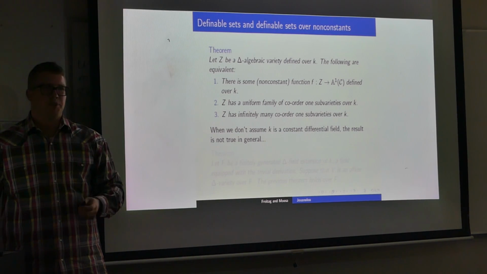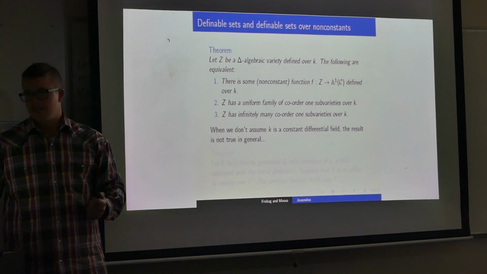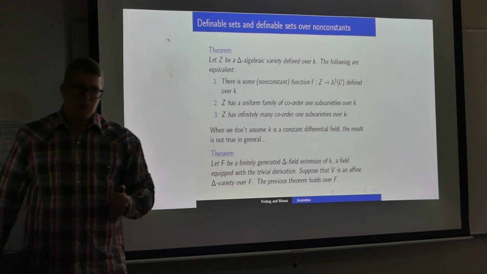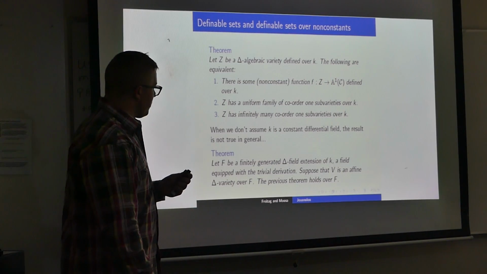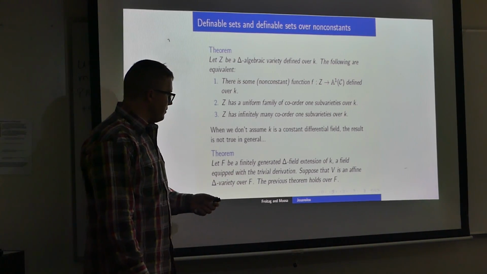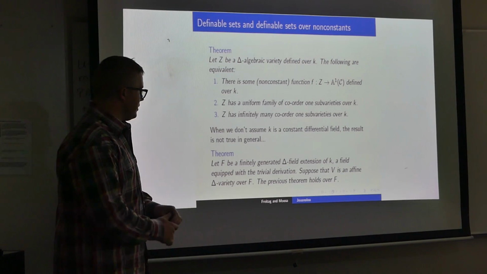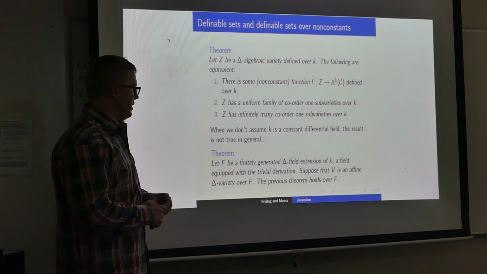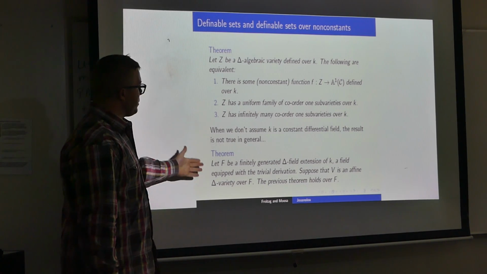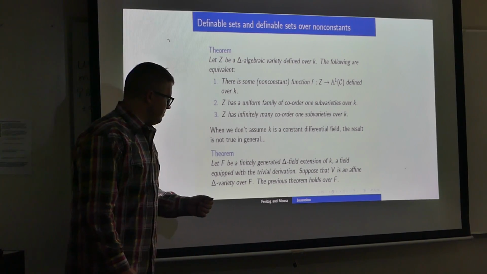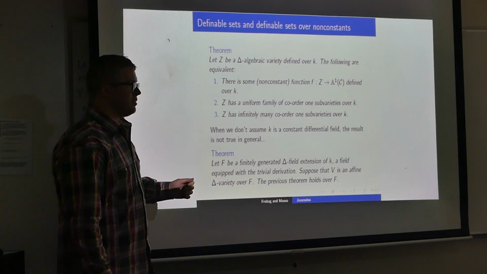And there are counterexamples which show that it is not. But we can do a little better. What we can prove is that when F is a finitely generated delta field extension of K, so I mean finitely generated as a differential field, then we can prove the same theorem.